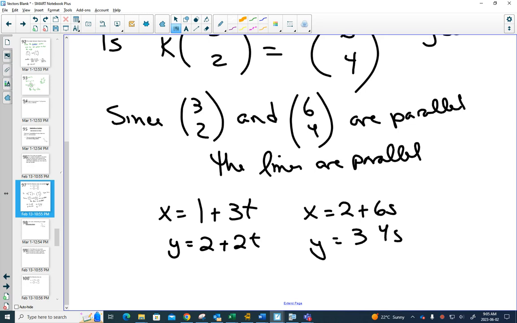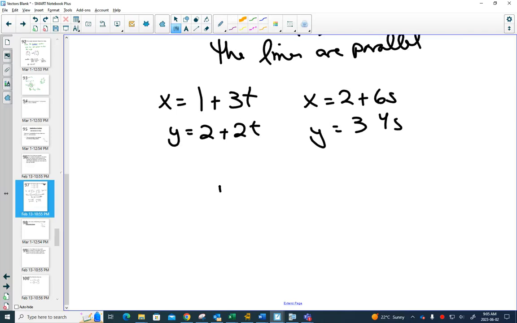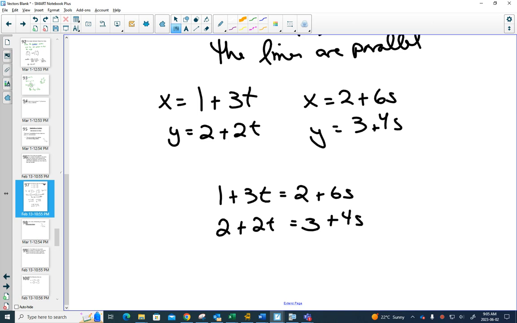Here are our parametric equations, and since the x's are equal, we can say that 1 plus 3t is equal to 2 plus 6s, and the other one that 2 plus 2t is equal to 3 plus 4s. And you've got another system of equations with t and s that if you wanted to solve, you could use matrices, you could use substitution, you could use elimination, whatever you would like.